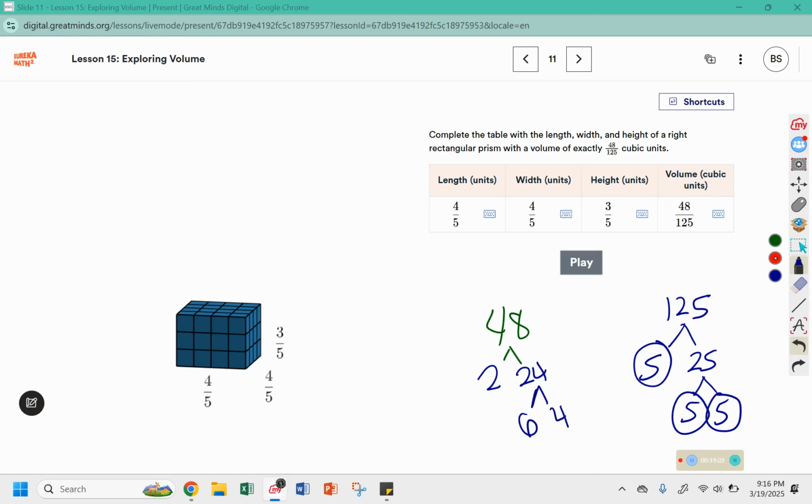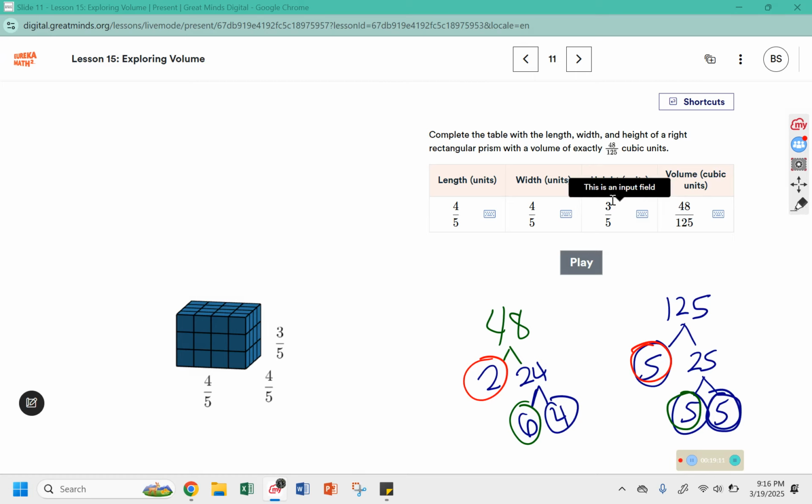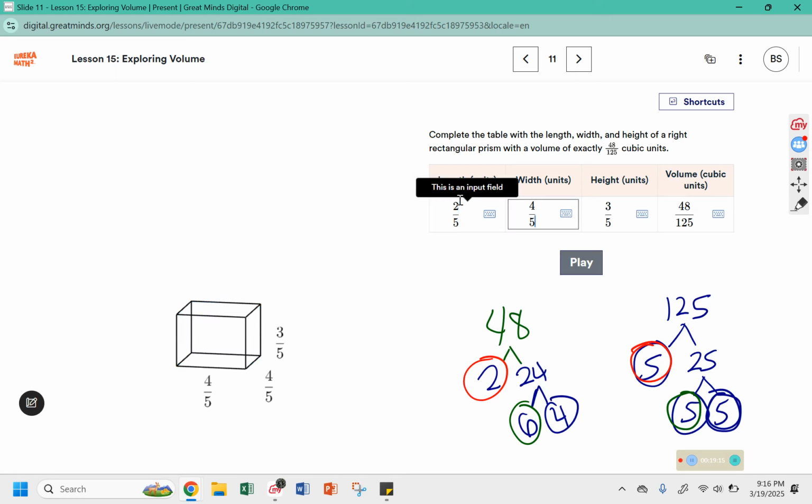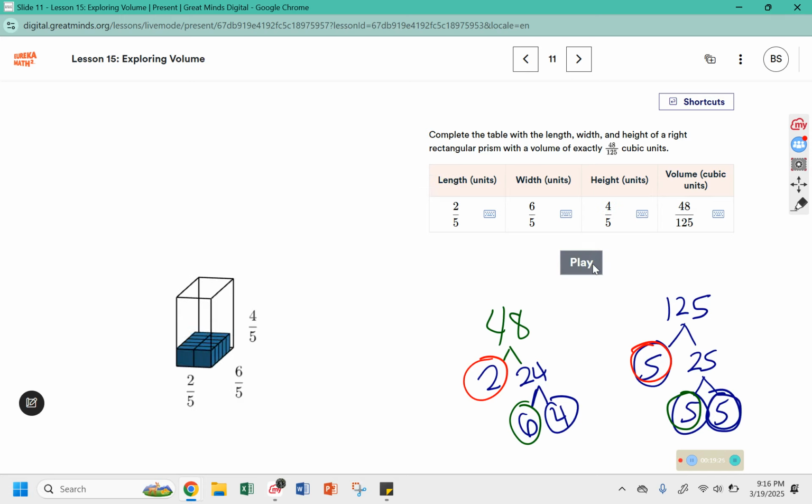So I could make it say 2/5, 6/5, and 4/5. Let's try that. And that appears to work as well.